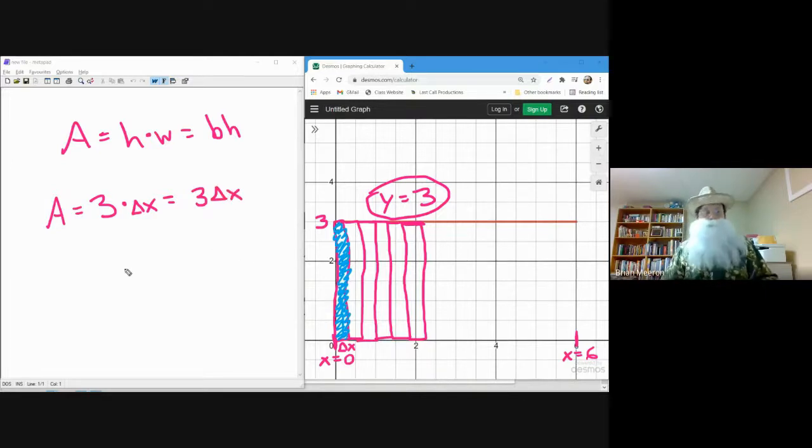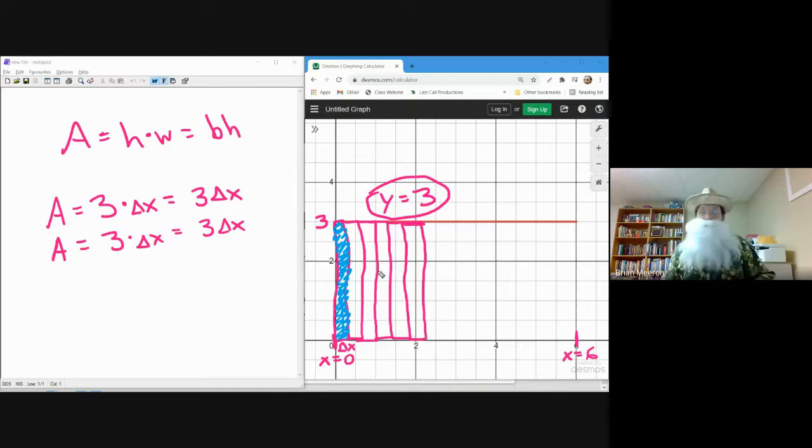All right, well, let's take a look at our next rectangle. Of course, if we look at our next rectangle, it also has a height of 3, and it also is going to have a width of delta x. In fact, in this rather easy example, each one of these rectangles is going to have the same area, a height of 3 and a width of delta x.